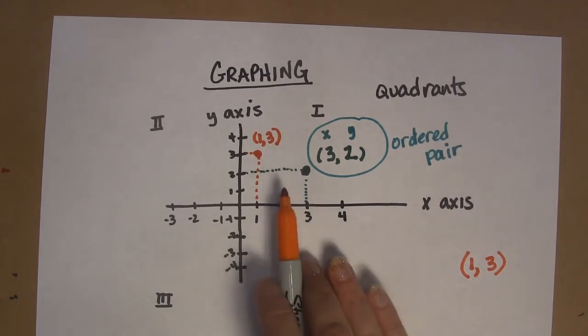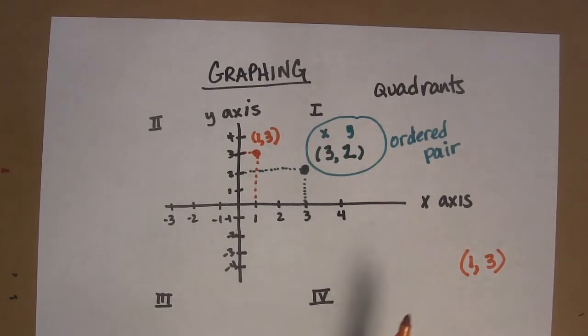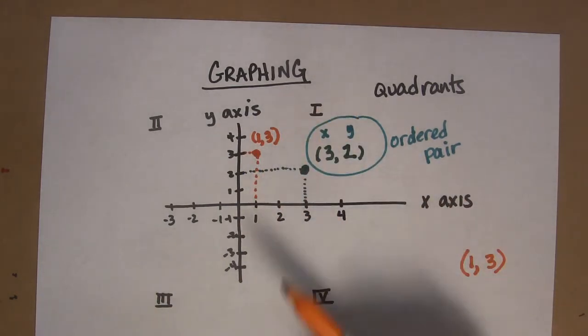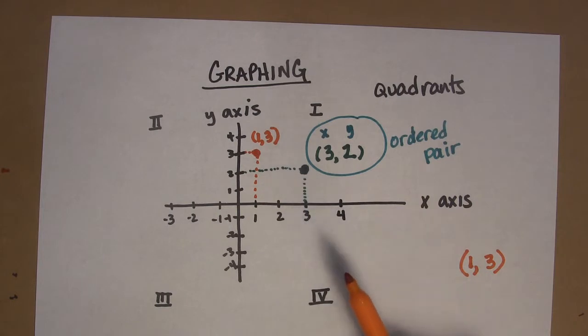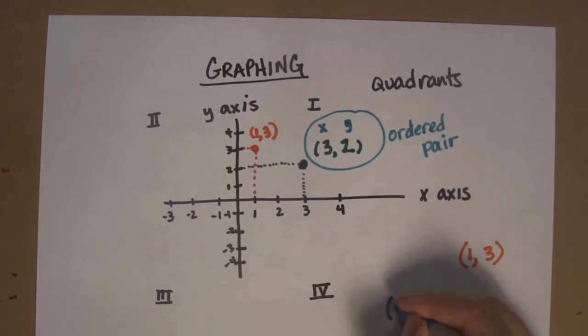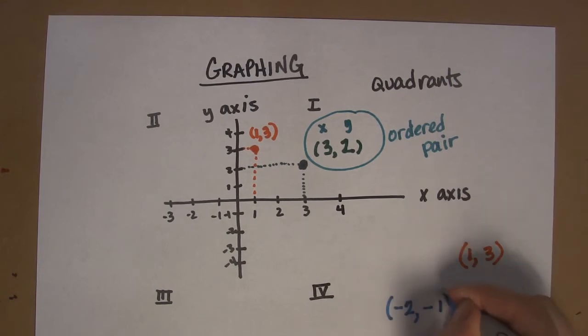Now, up until now, if you've done some graphing work, you've probably always wound up with information here in quadrant number 1, positive x's and positive y's. What if we were going to graph -2, -1?